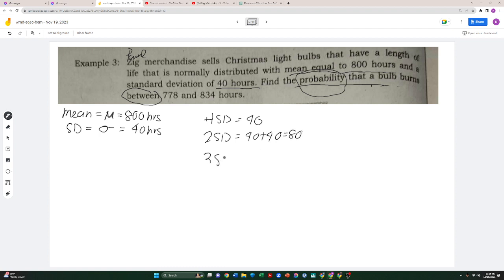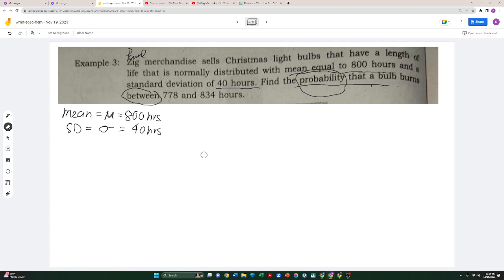Three SD is 40 plus 40 plus 40, which is 120 hours. For negative, you subtract: minus 40, minus 80, and minus 120 hours. That is what our standard deviations mean.